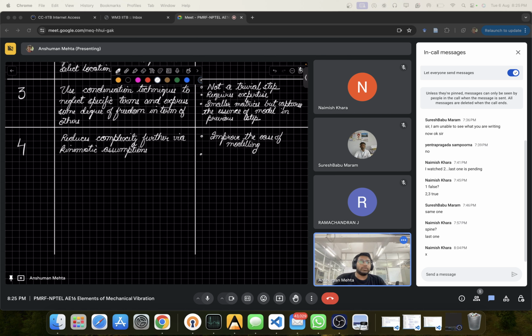and it has one issue, that the kinematic assumptions are likely to introduce inconsistency at a theoretical level.